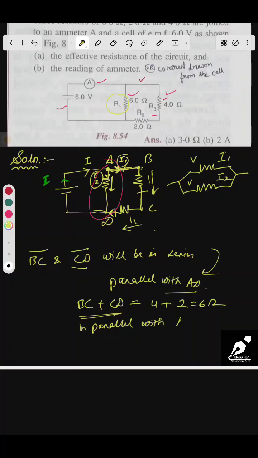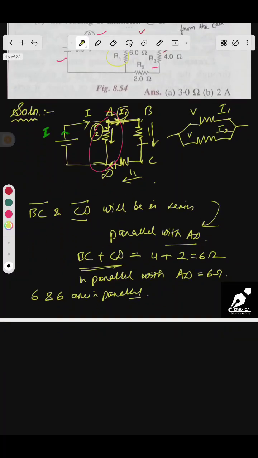with AD, and AD's resistance is 6 ohm. So 6 and 6 are in parallel, right? The equivalent resistance will be 1 by RE is equal to 1 by 6 plus 1 by 6. RE is equal to 6 by 2 is equal to 3 ohm.